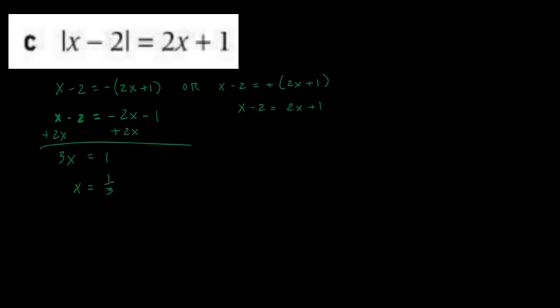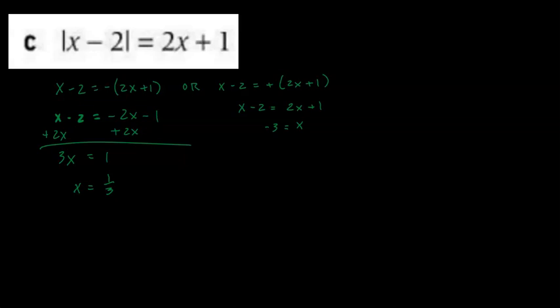And I'll do. So that's x equals -3. Okay, I got these two answers. -3, x minus 2, x minus 2 equals.